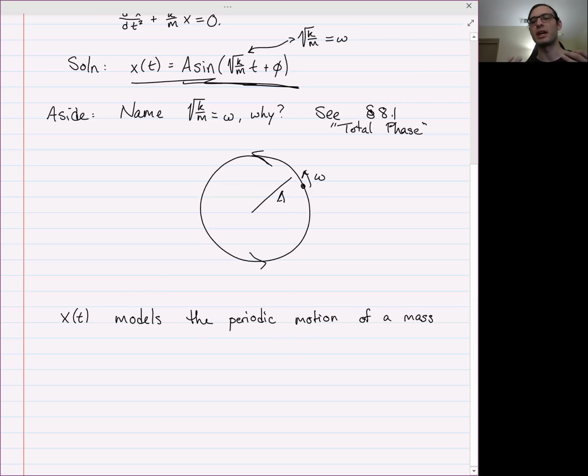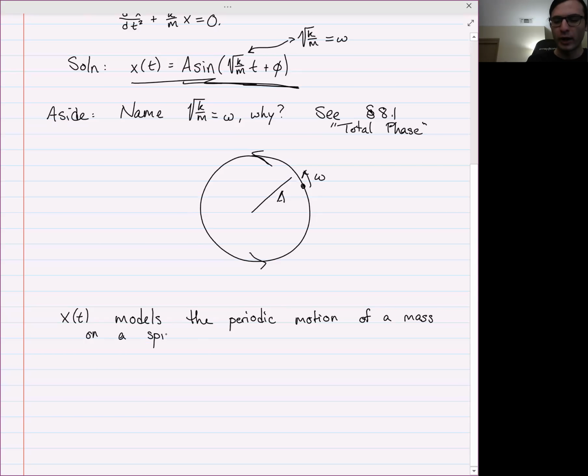We gave them the same name because, first of all, they have the same units, but they're used in different contexts. There is a link between the two, but in the two separate contexts, they're used in different ways. So this is all just to say omega is just a number here that's determined by the system. It's not something that can change with time and so on and so forth.